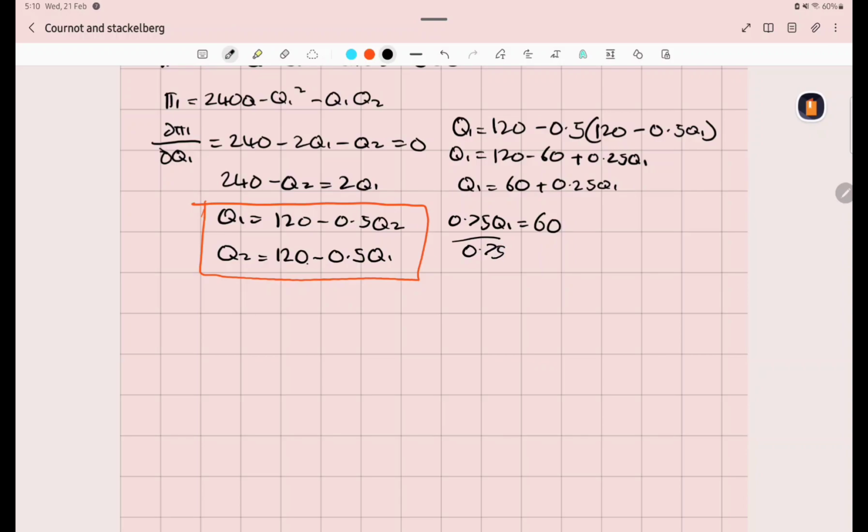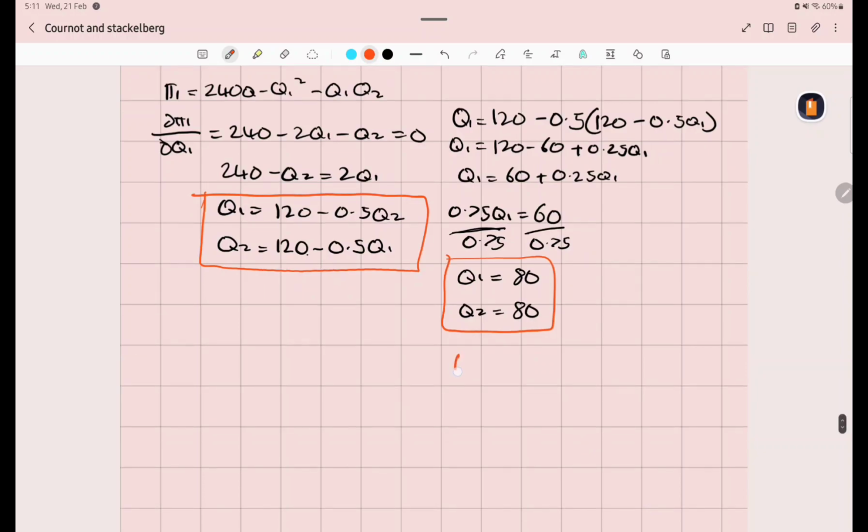Divide each side by 3/4. And Q1 will equal 80, implying that Q2 is also equal to 80, further implying that the market quantity, because it's a duopoly and you only have these two firms, is 160.